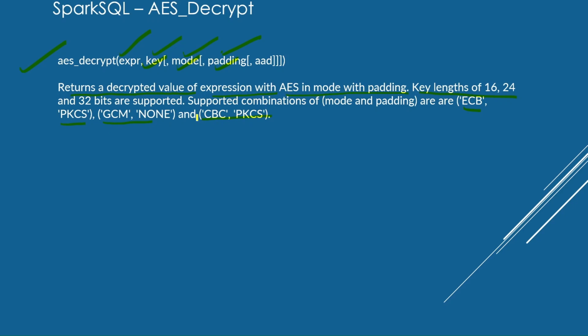These are the combinations of mode and padding. But we need to figure out which kind of mode and padding we used during encryption. Those mode and padding we should provide whenever we are going to decrypt the encrypted string.